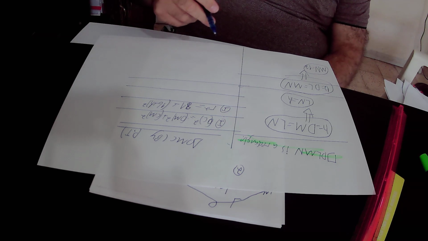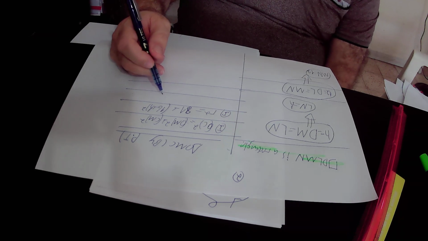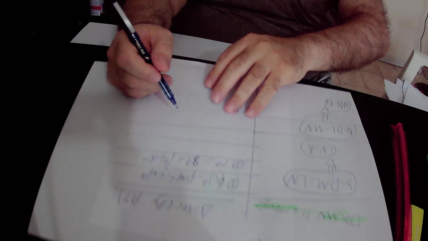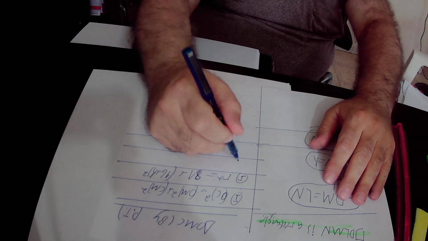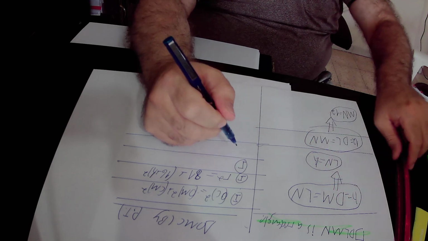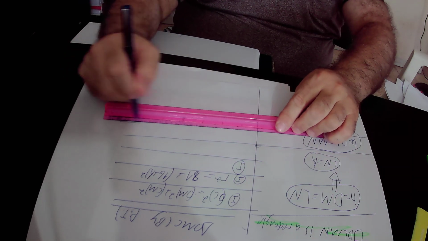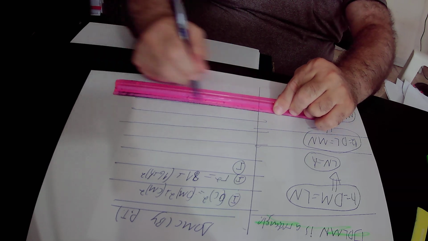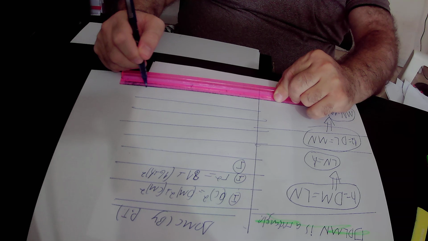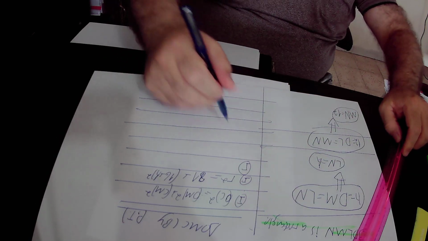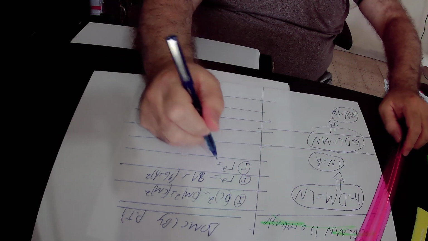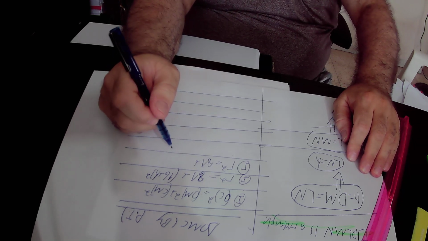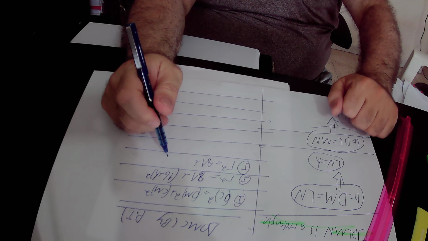Here we'll open the brackets on this side of equation number 1. R square equals 81 plus (16 plus H) square.